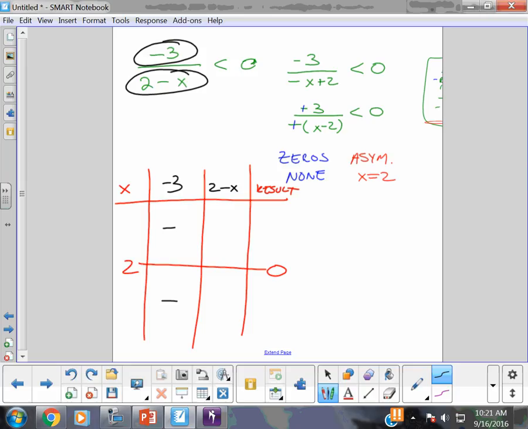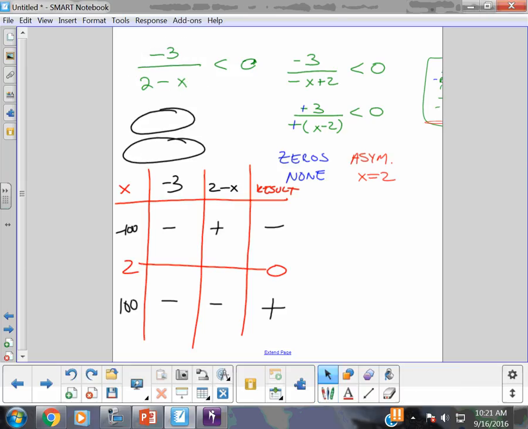And if you have 2 minus x, I look here and a number left of 0, how about negative 100? That's a positive. How about positive 100 to the right of 2? That's a negative. Our results here are negative, positive. We want the result of our function to be negative, less than 0.